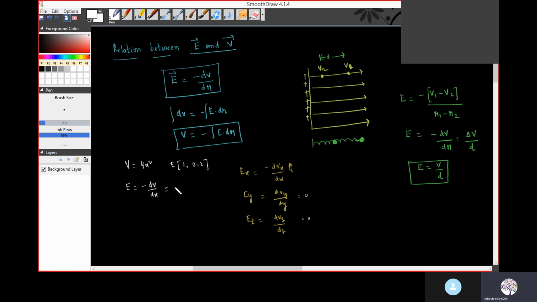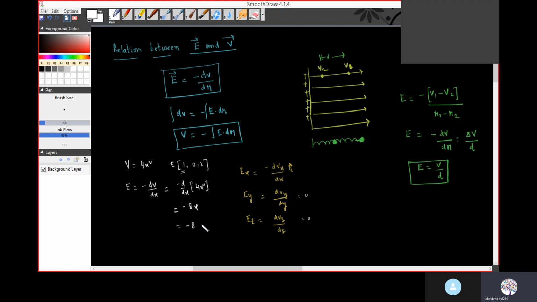So that is equal to minus d by dx of 4x square. If you do, how much will you get? Minus 8x. That means x value is 1, so that is equal to minus 8.